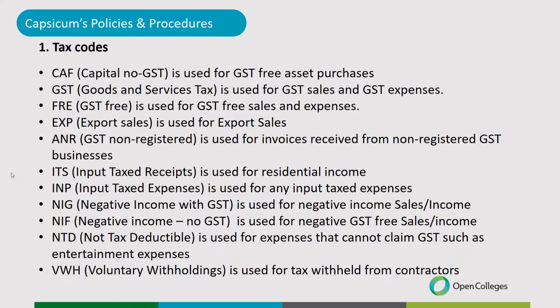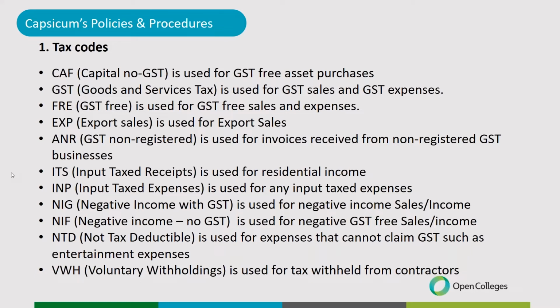And also the INP, that is the input tax expenses. If we are paying any expenses triggering the input tax receipts, then all those expenses will have the input tax expenses code. For example, I gave you the example of the business owning a rental property. So the rental income from the property will have the ITS tax code.